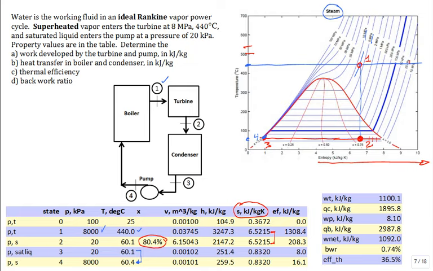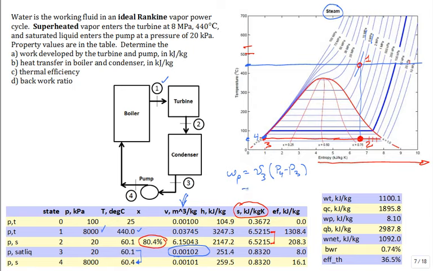Okay? Now, I put this in for interest also, because if you wanted to compute the work of the pump, you could use the specific volume at state 3. The work of the pump is V sub 3, this V right here, times the pressure difference, P4 minus P3.